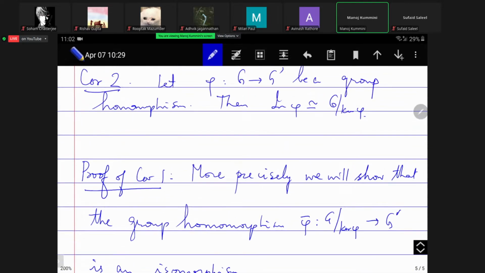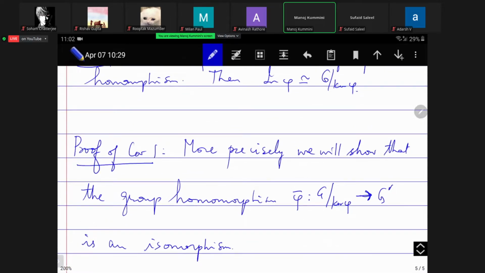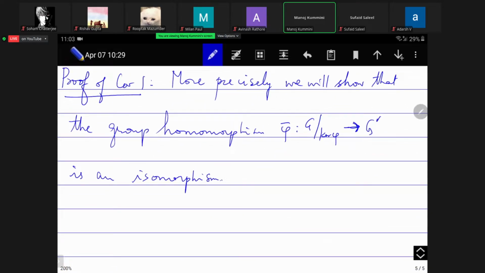In order to say that two groups are isomorphic to each other, we need to exhibit a function that is a group isomorphism. Here we have a candidate, which is already a group homomorphism. We will just check that it is an isomorphism, and this itself is not very difficult.